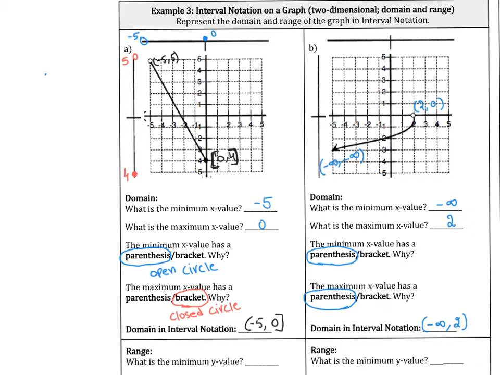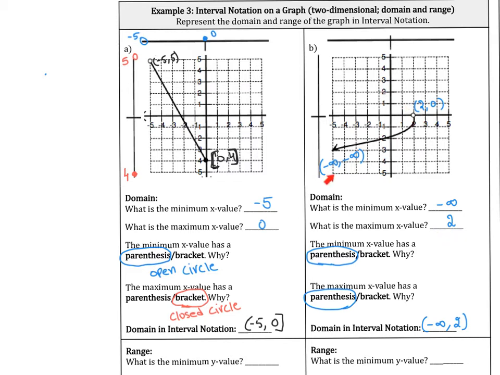You're going to look at the minimum value of x. The minimum value of x is -infinity, because this is going forever in the negative direction. The maximum value is 2 for the domain, because it stops at 2.